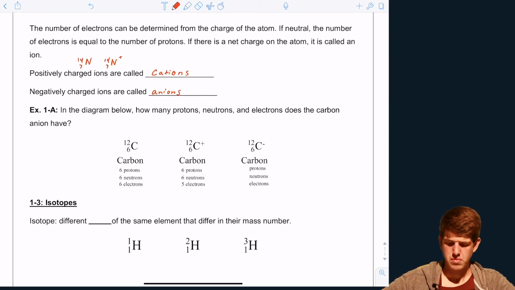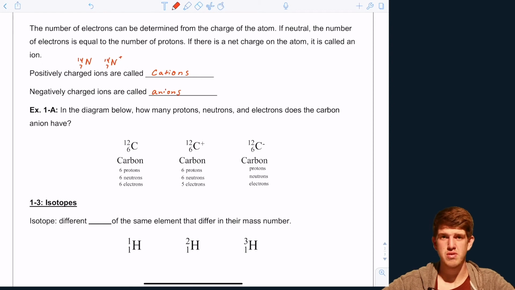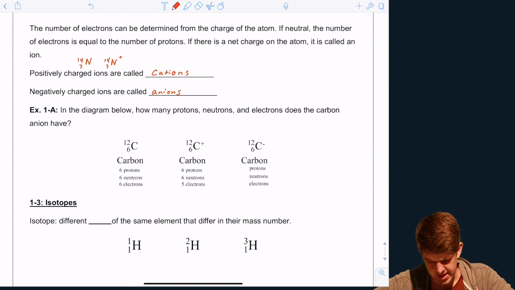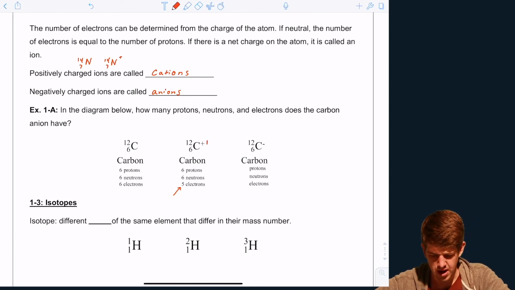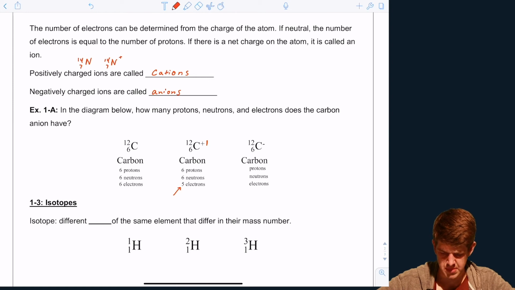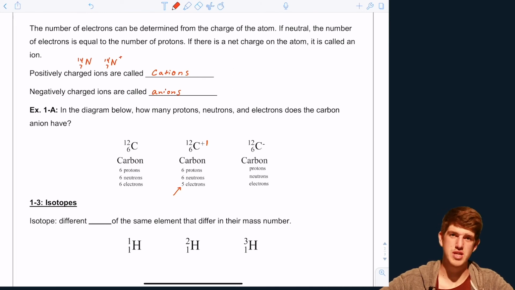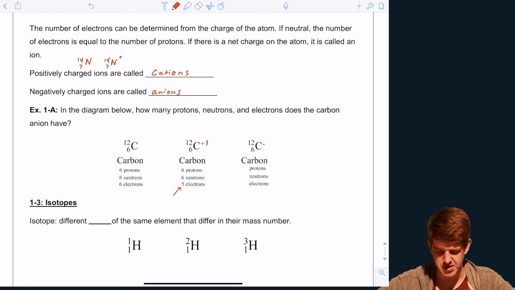A positive carbon means that I have lost 1 electron. If I was neutral, and I take away a negative, I am now less negative, so I'm now positive. So this carbon has 1 less electron because it has an overall positive 1 charge. I know I just wrote in the 1, but if I have a positive charge and it doesn't say plus 2 or plus 3, it means it's plus 1. The same thing works for the negative charges.